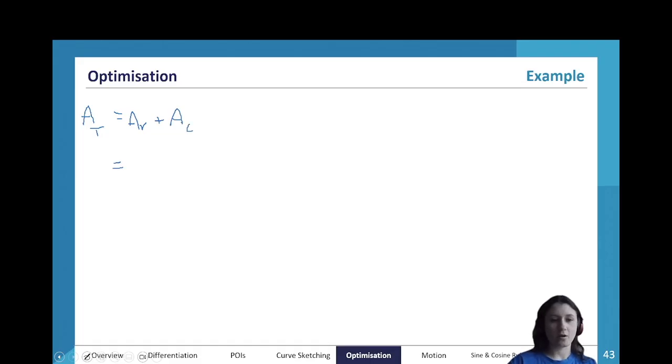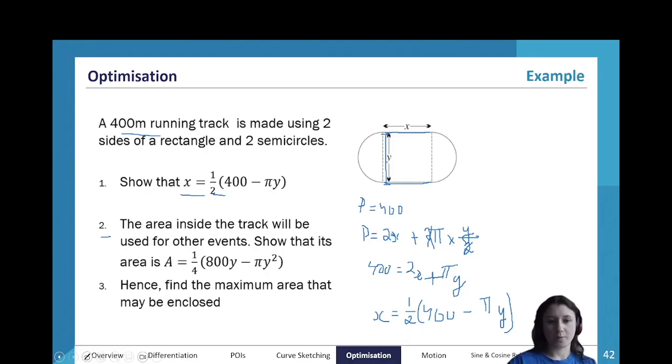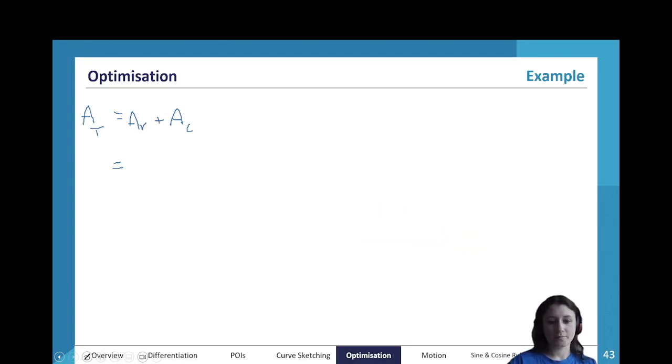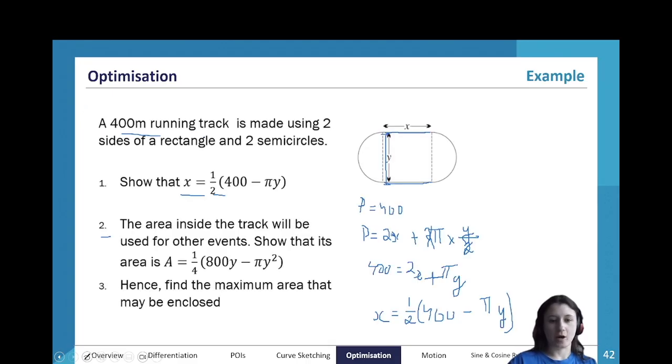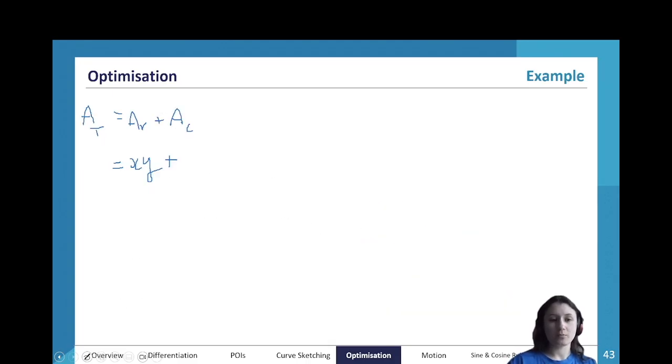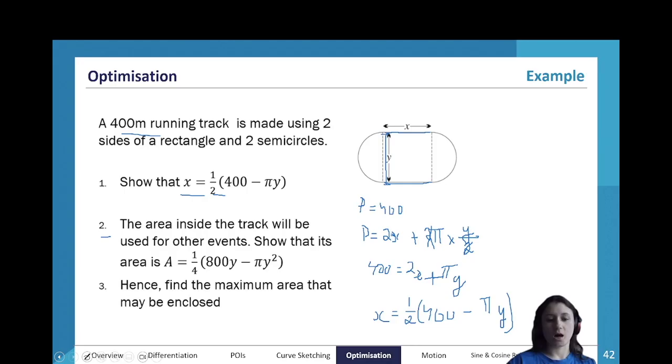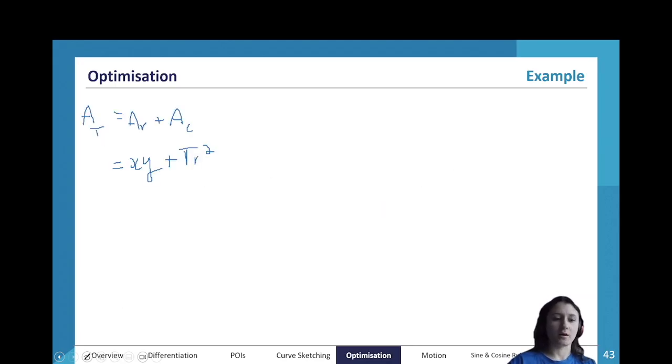So the area of the rectangle will be x by y. The area of the circle, remember, will be pi r squared. So r, again, is half y. The radius of the circle is half y. So this is what we have so far.